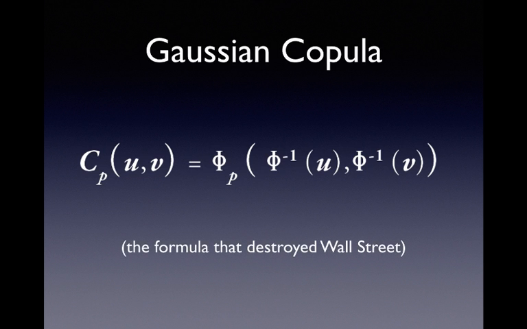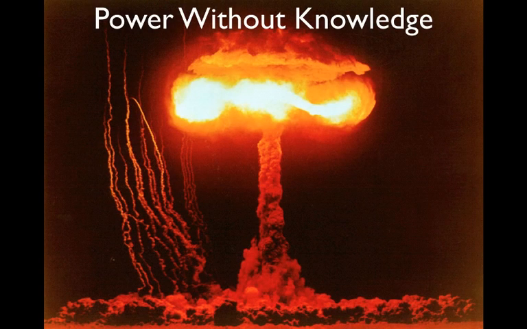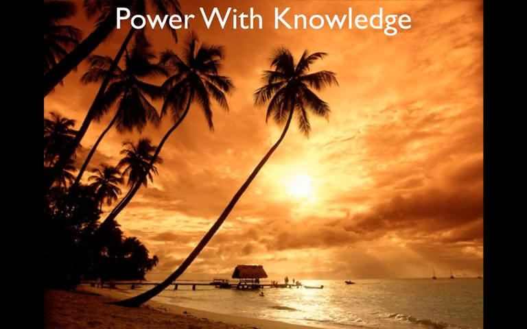No. This is actually the equation that the people on Wall Street used to assess risks for default credit swaps, which led to the crash of 2008 that ruined everybody. I don't care who you are, you were impacted by this. They didn't understand the equation clearly, right? So anyway, the takeaway from this is that this is what my feeling about power without knowledge is. This is what I feel like power with knowledge is.